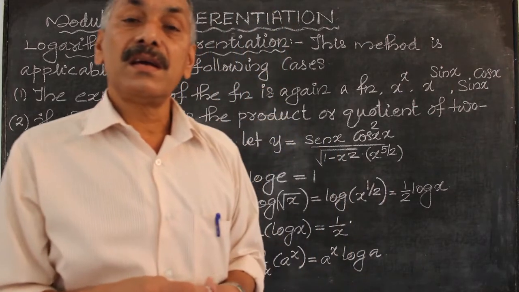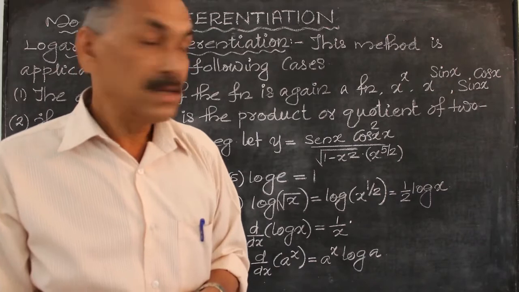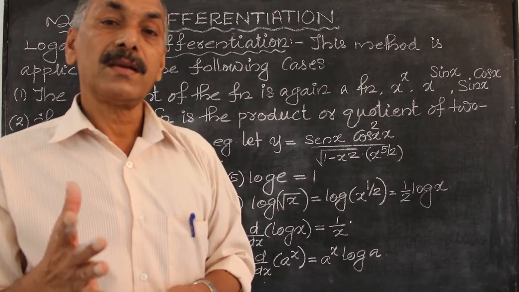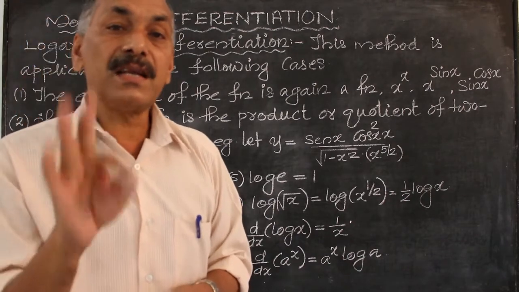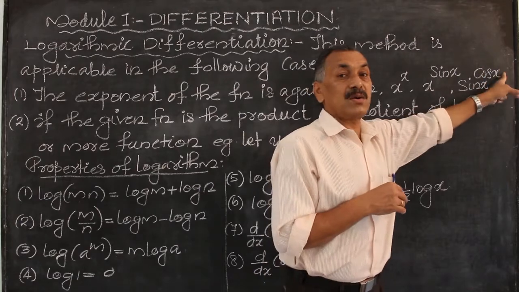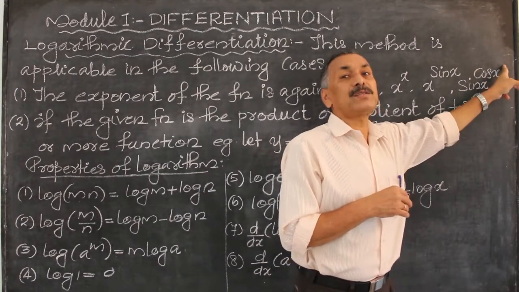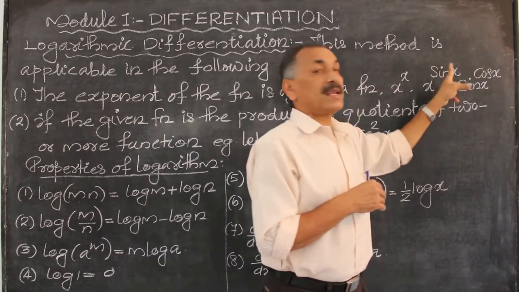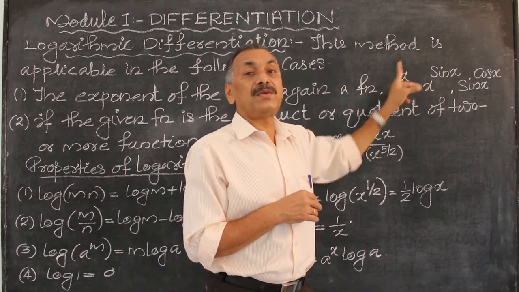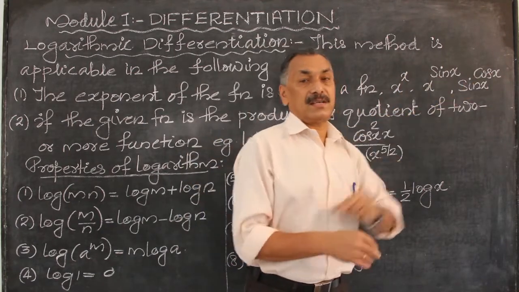Here x raised to n, n is a real number, but this is not a real number, this is sin x raised to cos x. Sin square x, sin cube x, those we can calculate. Here x raised to 5 or x raised to 7, then we have 7 into x raised to 6. Here the exponent is again a function.